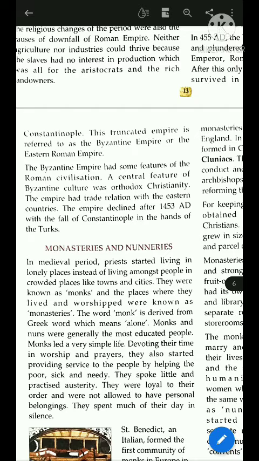The downfall of this empire happened after 1453 AD with the fall of Constantinople, when the authorities of Constantinople reached the hands of the Turks. That time this empire also declined.